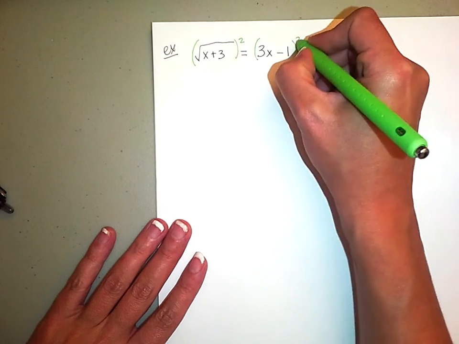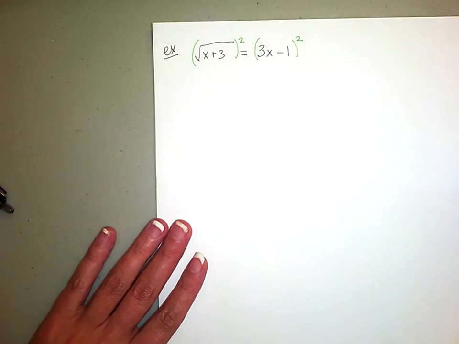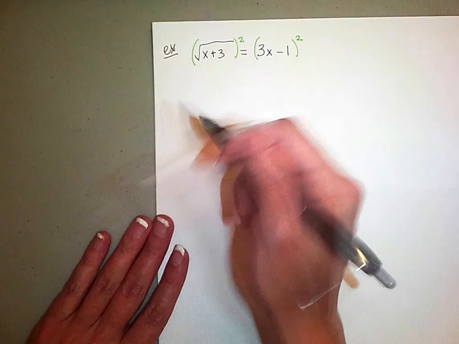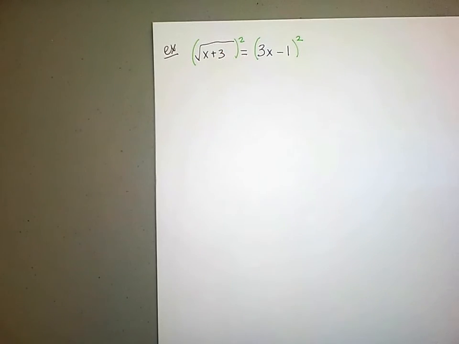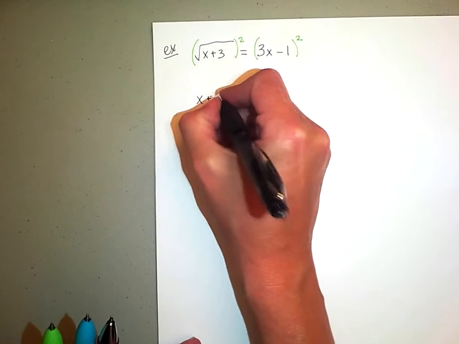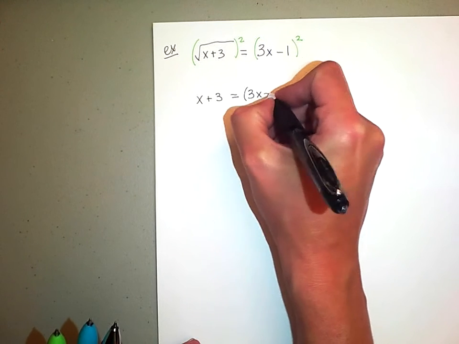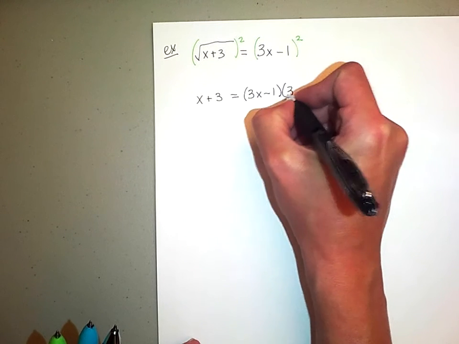So we need to remove that radical and let's square. Now what we have to be careful of is that we have to square the entire right-hand side. On this side, the square root and the squaring will undo each other, and we'll be left with x plus 3. But over here we have to FOIL this out.